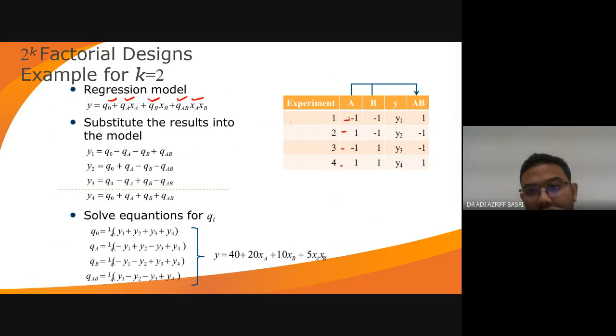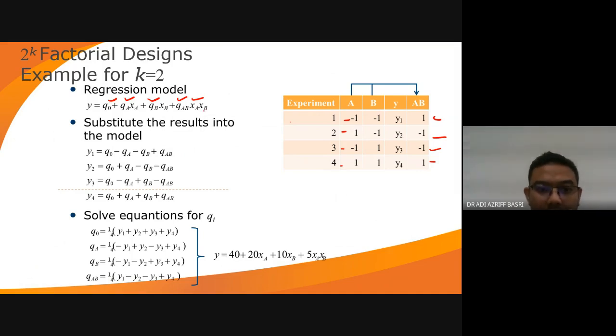A times B: -1 times -1 becomes 1. 1 times -1 becomes negative. This one becomes negative. This one becomes 1. For example, this is your experimental data. So how do you solve this? You need to find each of the y. So what is y1? y1 is q0 minus qA, q0 minus qA times XA.